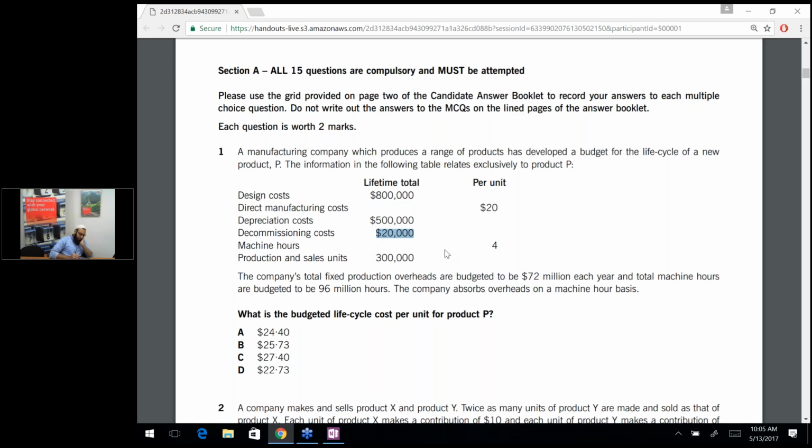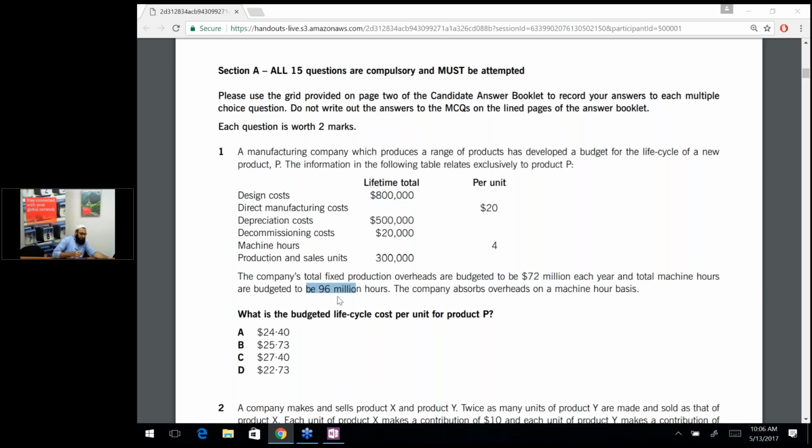Production and sales of units, machine hours, cost per unit of manufacturing, and you're also provided with fixed production budgeted overheads of 72 million with the hours given to you, 96 million. Okay. So let's calculate the cost per unit here and see what answer we are getting for this particular question 1. Now, what I need to do here is very simple.